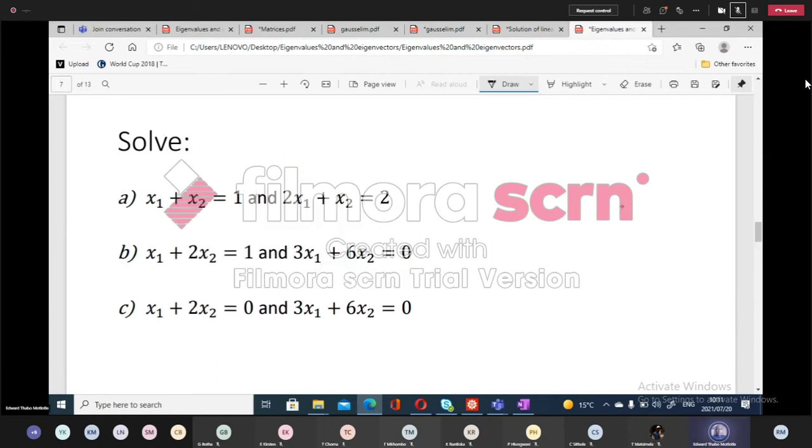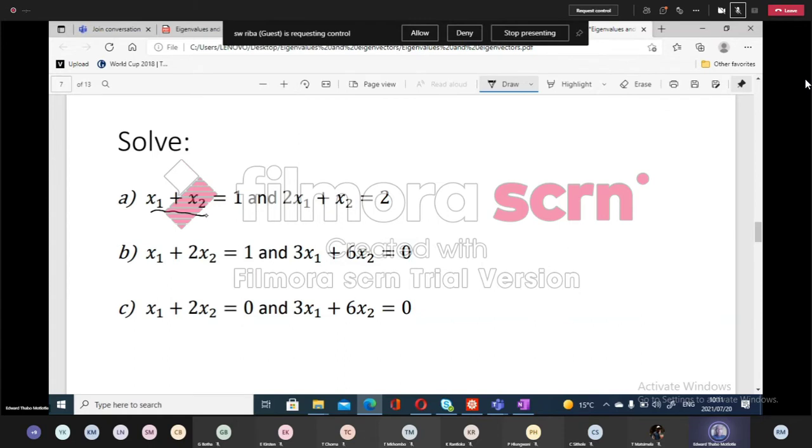Now here I'm just illustrating, because I've dealt with this problem in detail, solving a 2 by 2 matrix. Basically here you can write this matrix in augmented form, and we have 2 and 1, and this is 1 and 2.